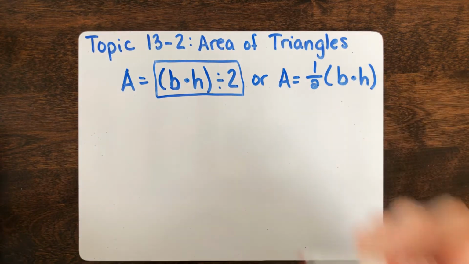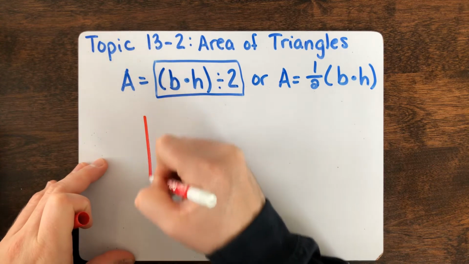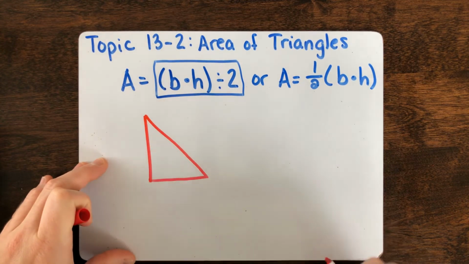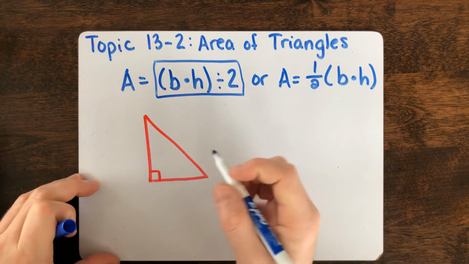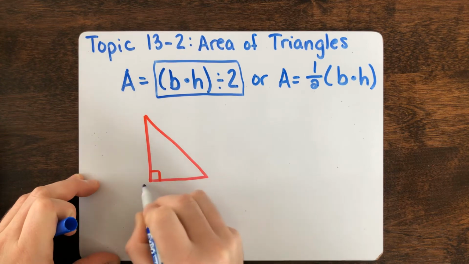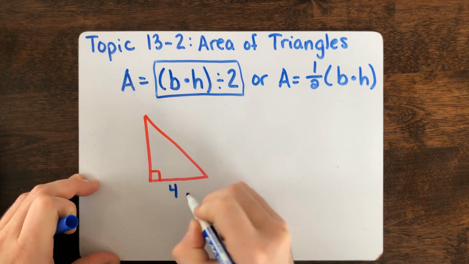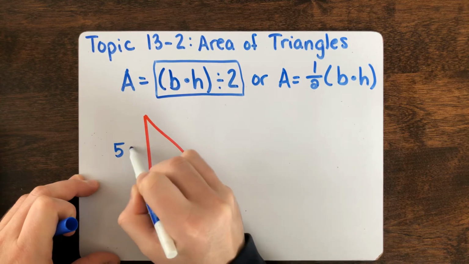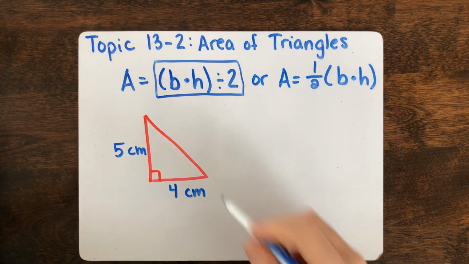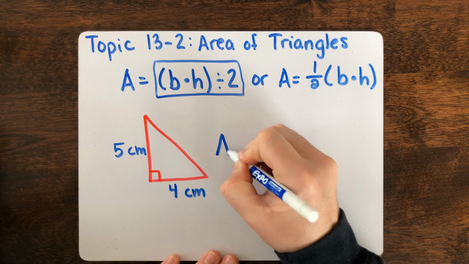Let's see, if I have a triangle that looks like this. Now, this is a right triangle. All right, so I'm given that the base, which is this, the base is 4 centimeters and the height is 5 centimeters. So with that information, I could set up my equation.